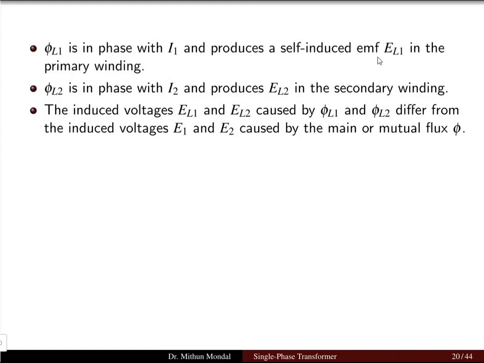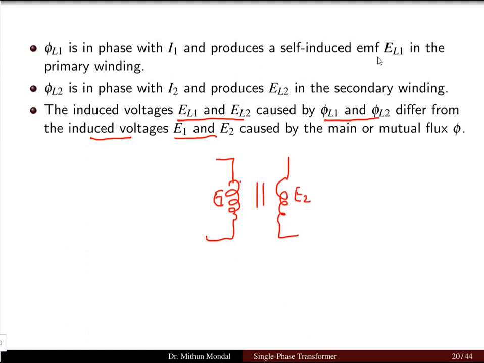These two induced EMF EL1 and EL2, which are caused because of the leakage flux phi L1, phi L2, differ from the induced voltages E1 and E2. We have to note that the induced EMF in the winding is basically E1 in the primary winding, and in the secondary winding it is E2. Whatever the leakage flux is there through the air, that is represented by EL1 on the primary side and EL2 on the secondary side. So we should not take EL1 and E1 to be equal.